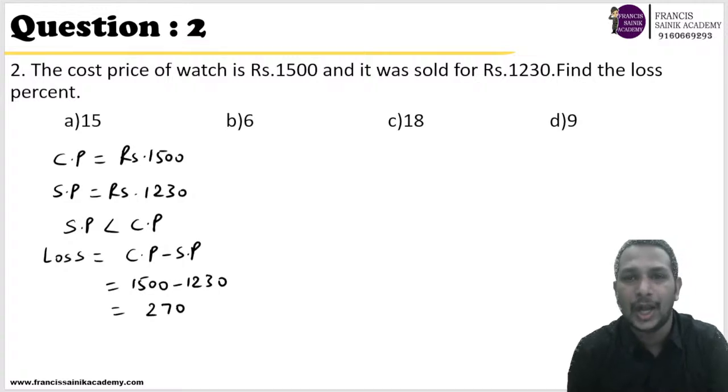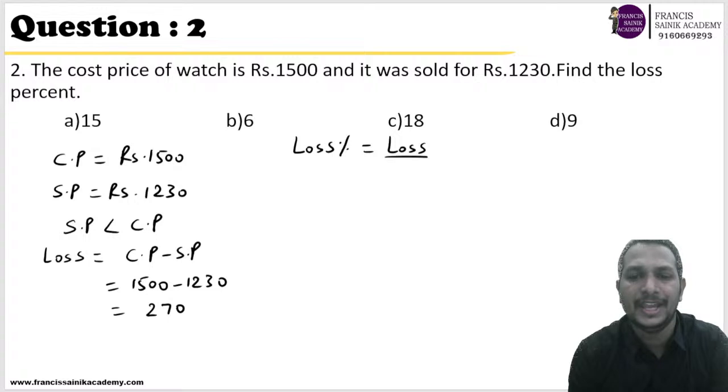We got the loss as 270, but here they're asking to find the loss percentage. The loss percentage formula is loss by CP into 100. As we got the loss as 270 and the cost price is 1500, into 100.